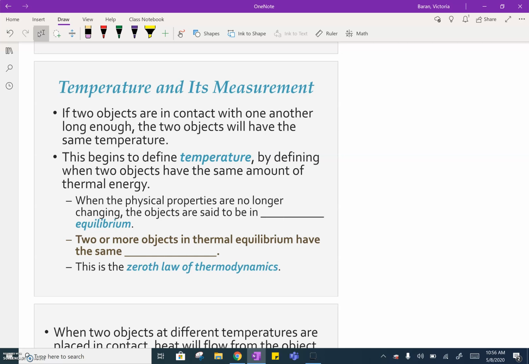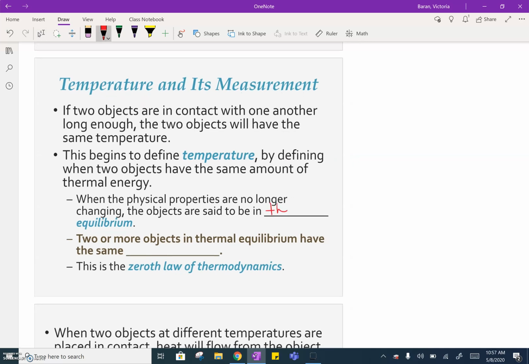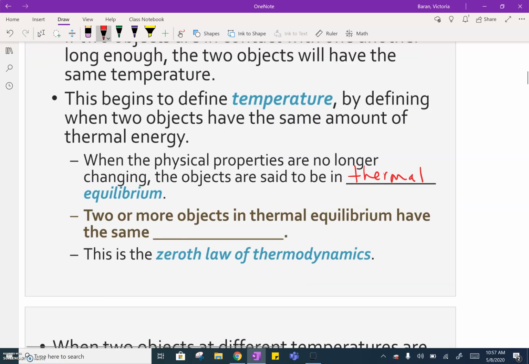So again, equating temperature with a way of measuring thermal energy or heat. So when the physical properties are no longer changing, the objects are said to be in thermal equilibrium, meaning both objects contain the same amount of heat or thermal energy and therefore have the same temperature. So two or more objects in thermal equilibrium have the same temperature.